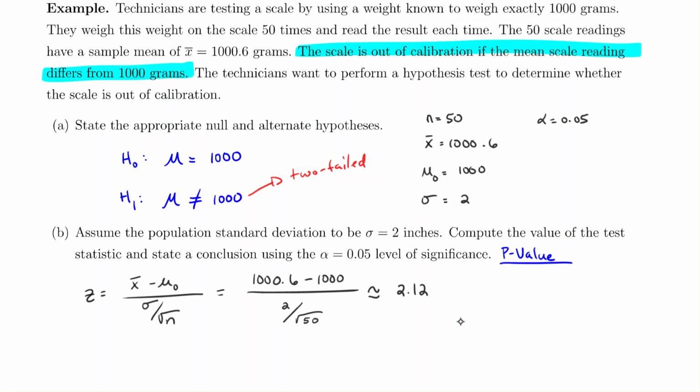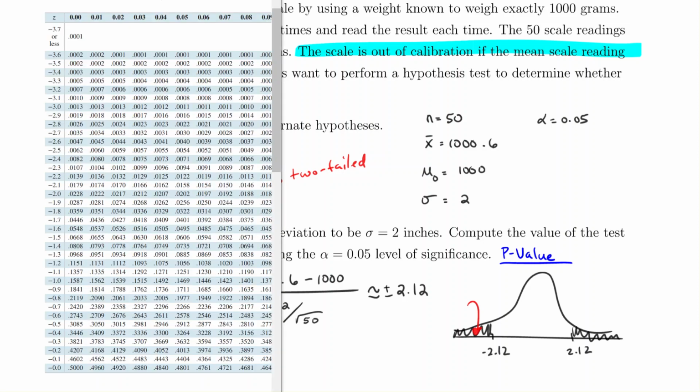Now, since we're in a two-tailed test, I know that I've got my normal curve, and this is really my plus or minus because we're at the z-score. So I've got my negative 2.12, my positive 2.12, and the p-value is the area before the negative 2.12 plus the area after. Now I know via symmetry I can simplify this by just calculating the area before the negative 2.12, which is how the chart is perfectly set up, and doubling that. So let's look at the chart.